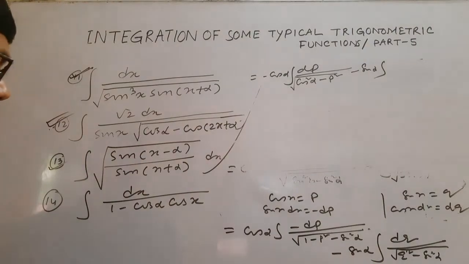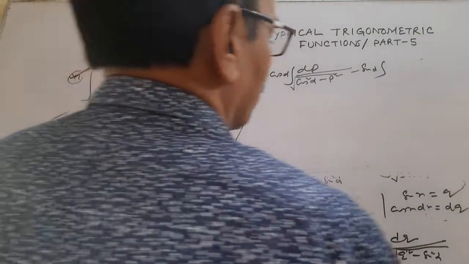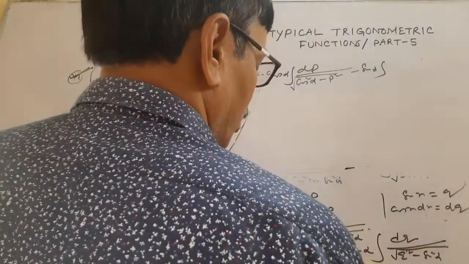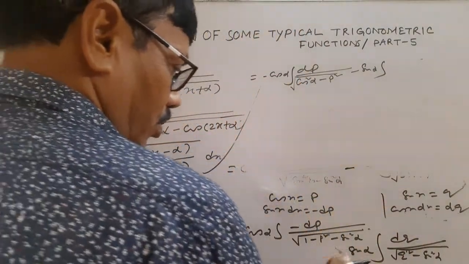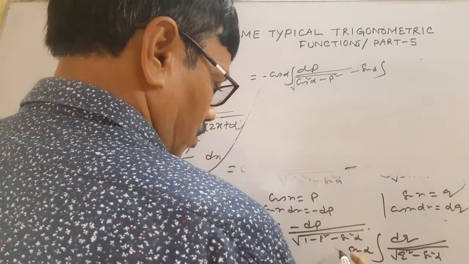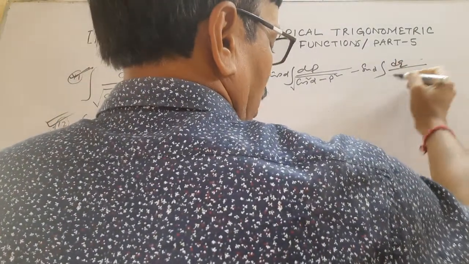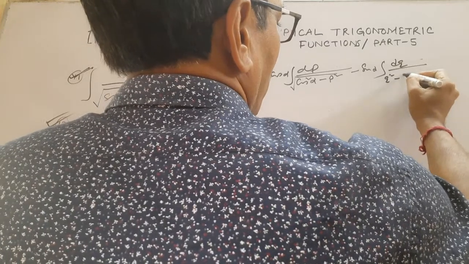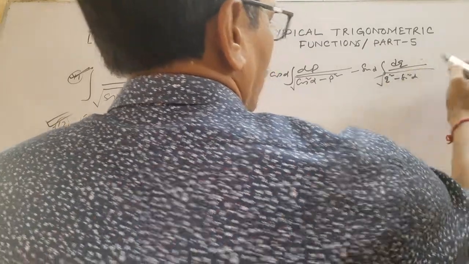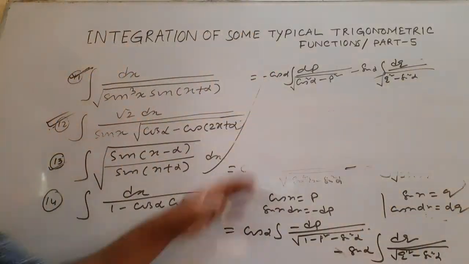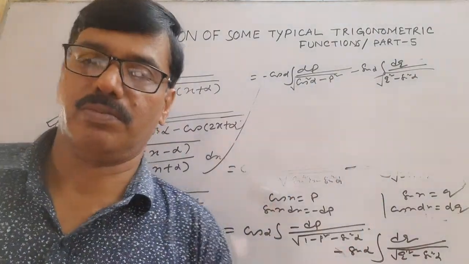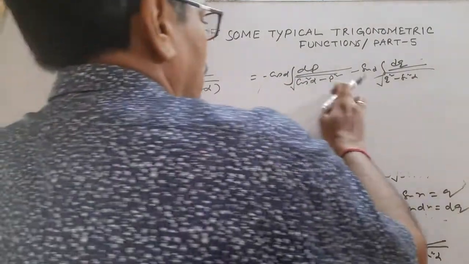So sin x minus alpha, the formula is sin x minus alpha. Here it is minus, so it will be plus. So this is minus, so this is minus sin alpha by dq by q square minus sin square alpha. Now both are in standard form. So this is a square minus x square.